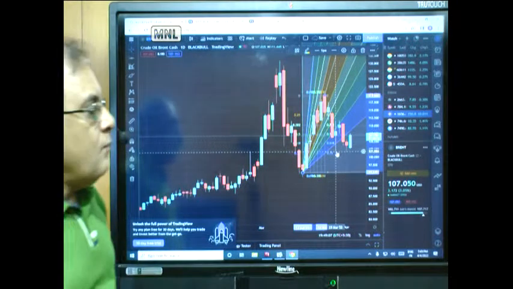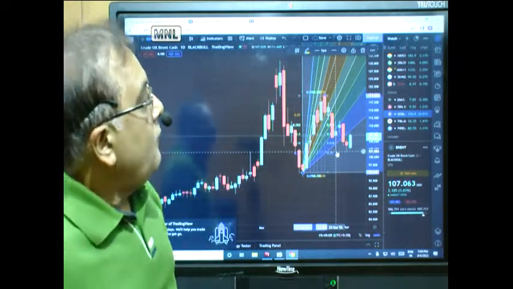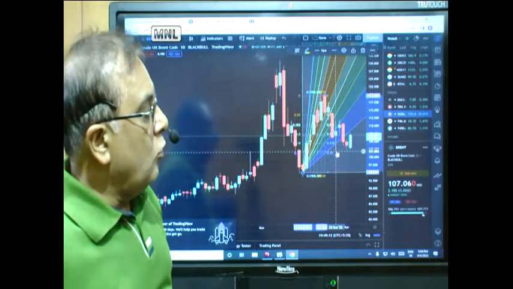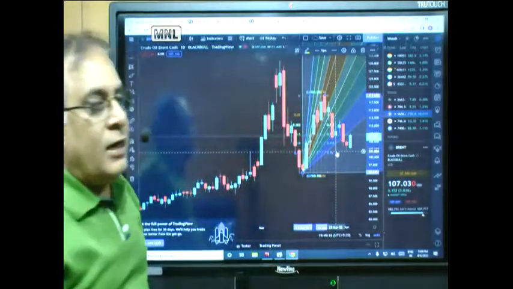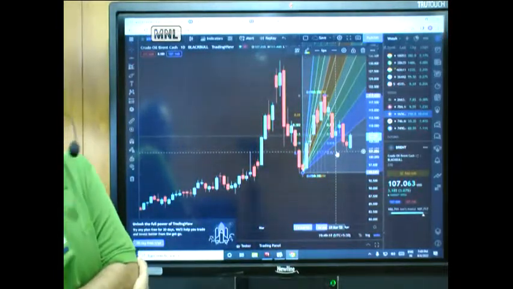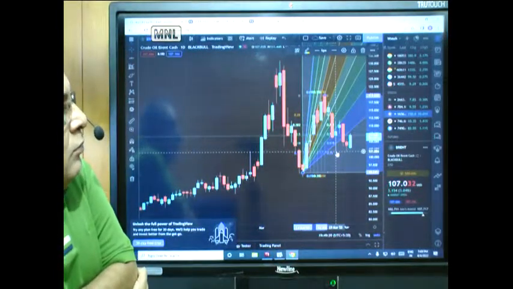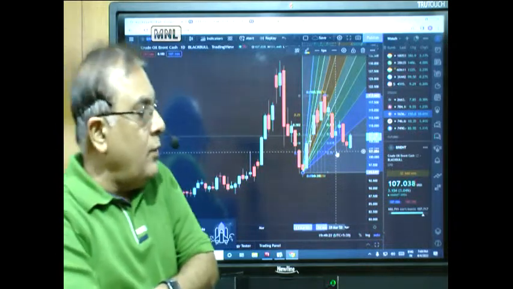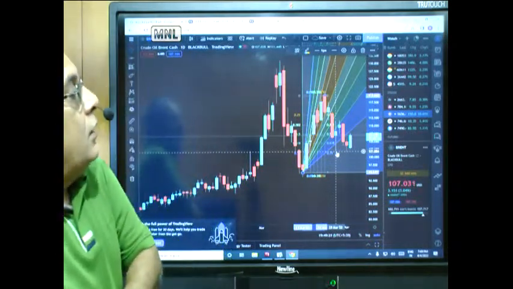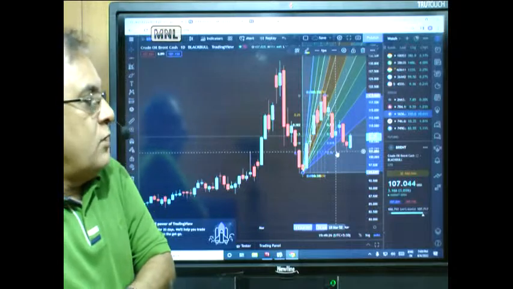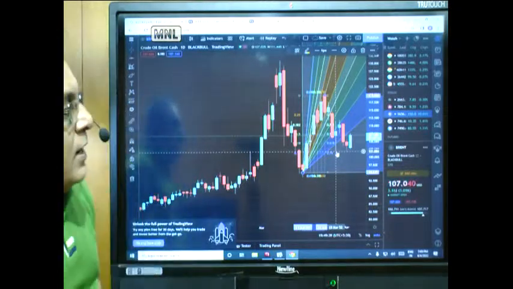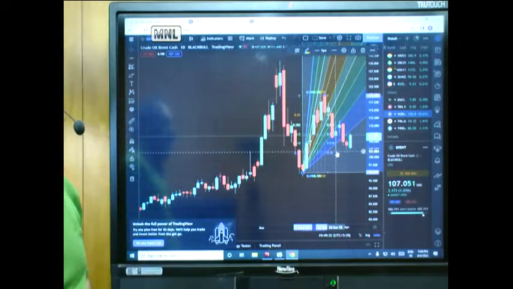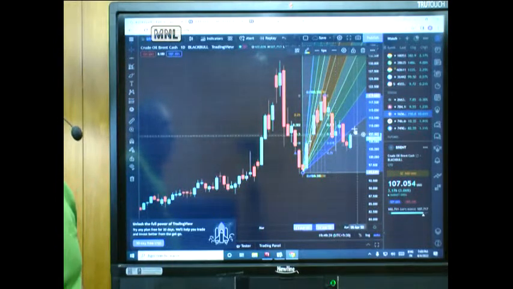This is a very important low, and any fall below this particular low can negate the uptrend, and further fall is possible. So Brent crude still looks okay as far as the last important low, which has been touched 2 times, is not broken. That we have been able to identify with the help of the Fibonacci fan.